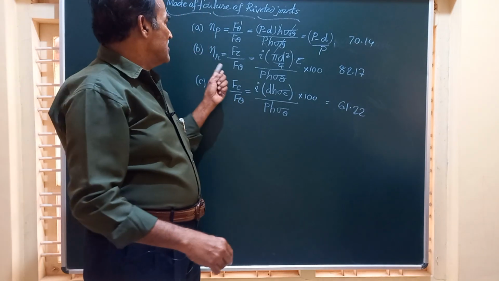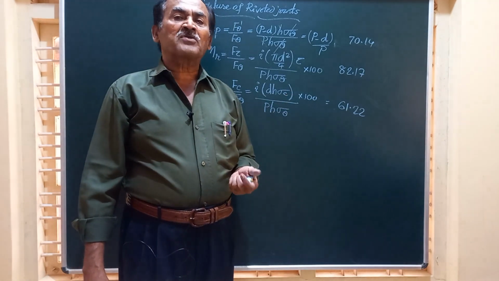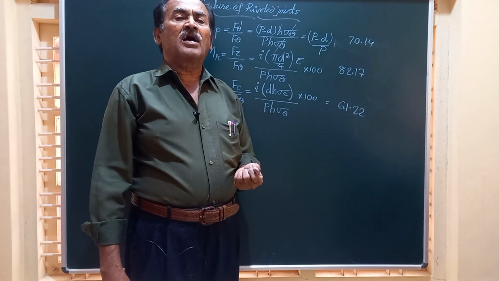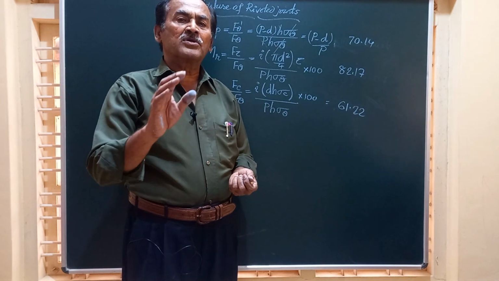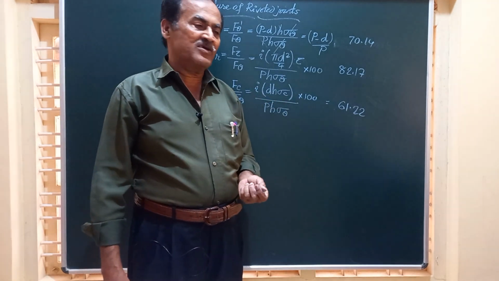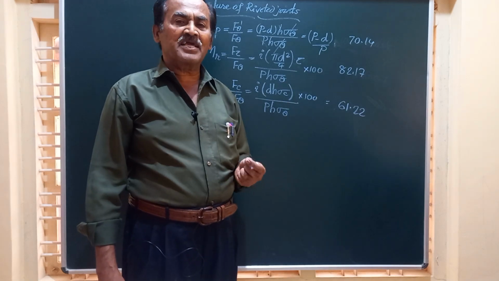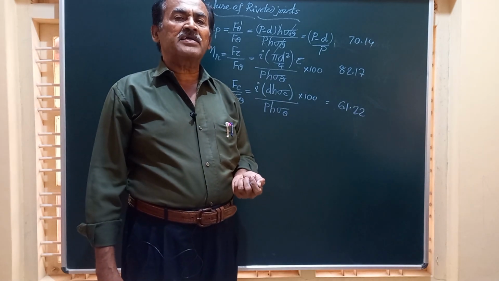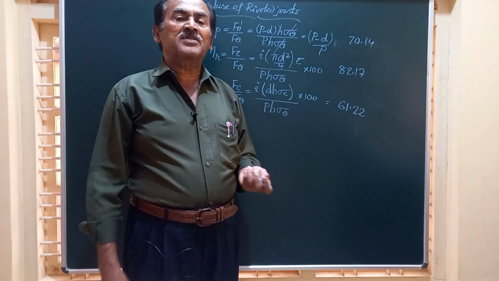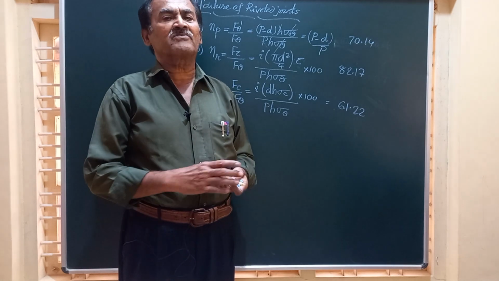Second, if eta R is the least value, we say the efficiency of the joint is that percentage and the mode of failure is by shearing of the rivets. Finally, if eta C is the least value in a problem, then the efficiency of the joint is that percentage, and the mode of failure is by crushing of plates or rivets.